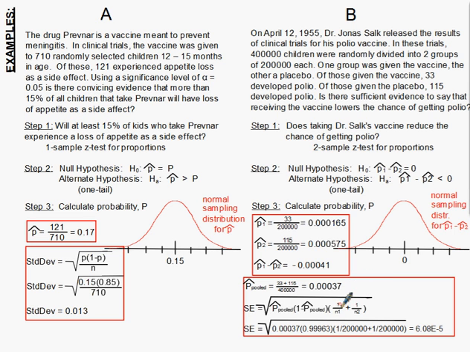And then we use the pooled proportion in our standard error equation, and we get this very small number. Now we can use these to dimension out our 3 standard deviations.